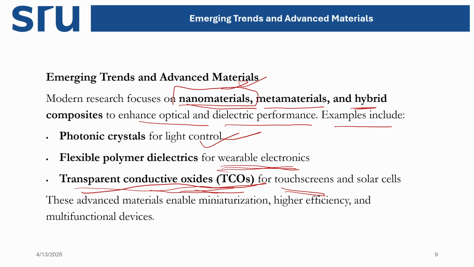These advanced materials enable miniaturization, higher efficiency and multifunctional devices. So what we are looking for is a material with multifunctional properties, meaning it can be used for different purposes, and its efficiency should be very high. That's how we will select the materials.